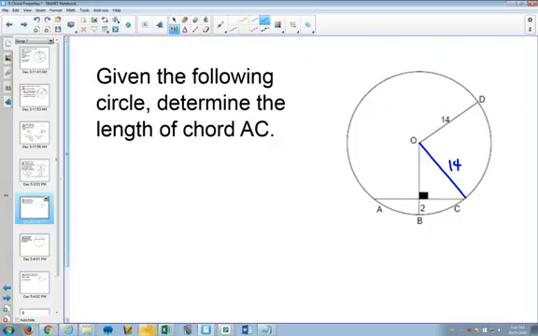Now, in that right angle triangle, first of all, since this is 90 degrees, we know this and this are going to be equal from our chord properties. In this right angle triangle, we know this is 14, we know this is 90 degrees, but we don't know the other sides yet.